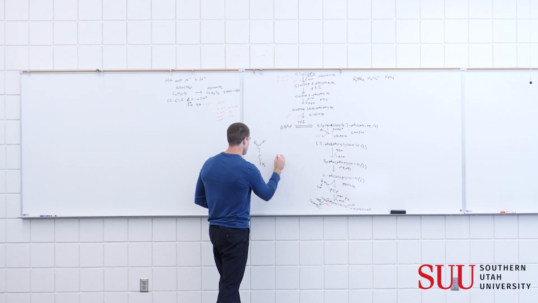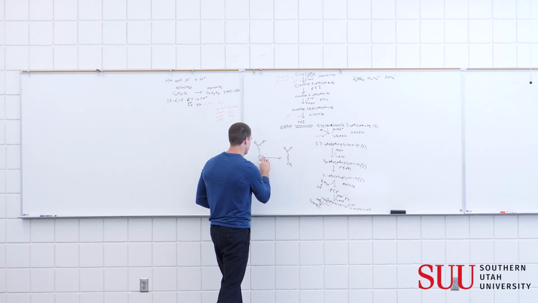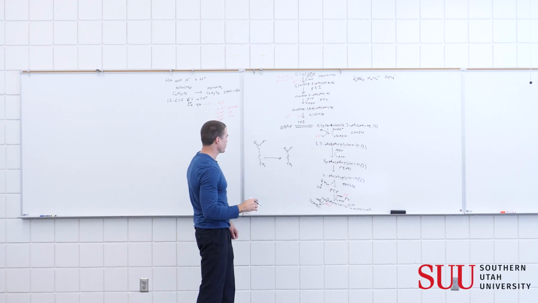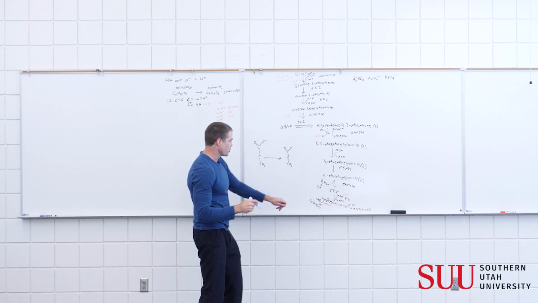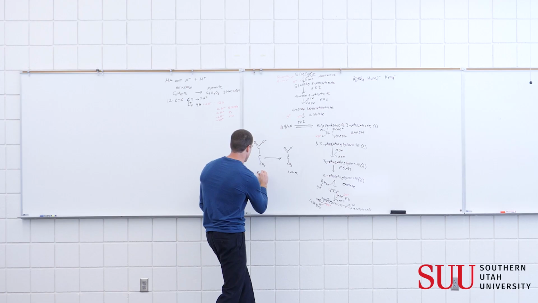So I'm going to draw here. So you can see right here, so far they look pretty similar, right? But here's where the difference is going to come in. You notice with lactate, all right, we're going to say this is going to be lactate. I haven't finished drawing the molecule yet.